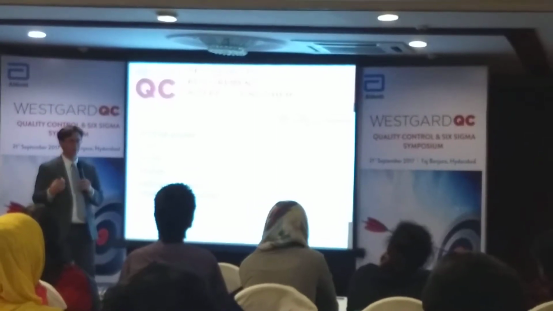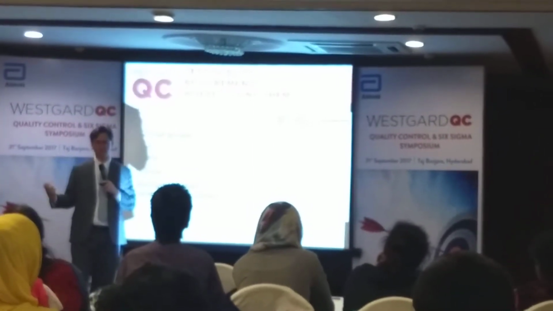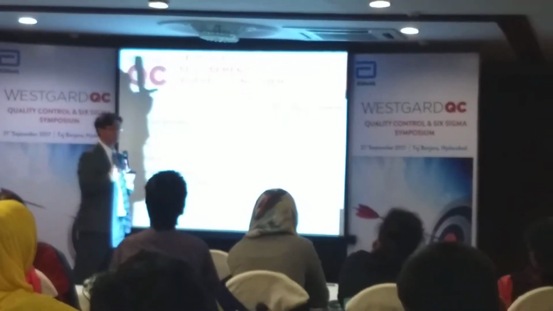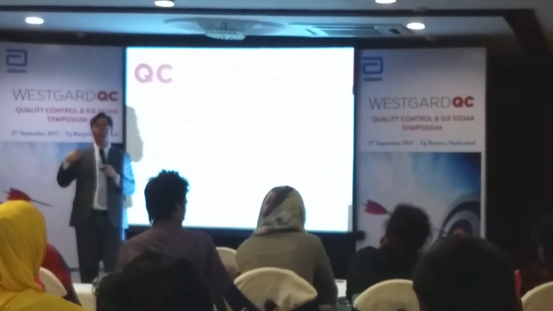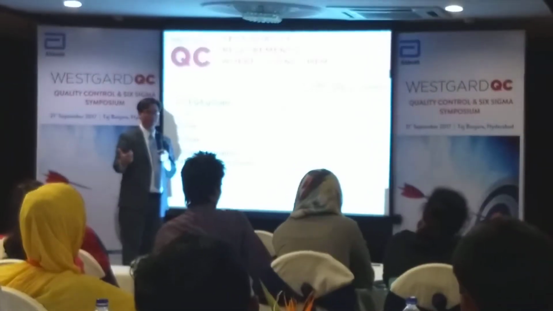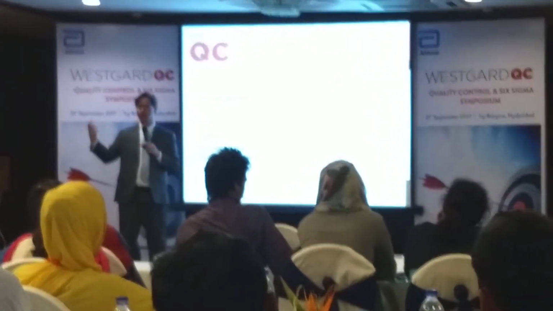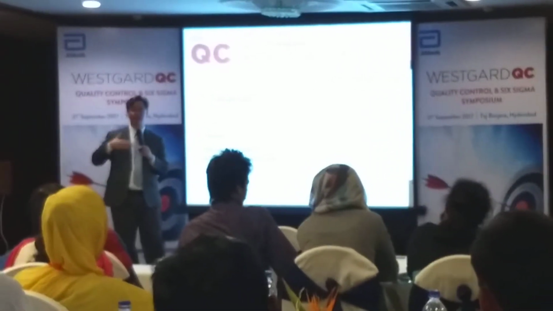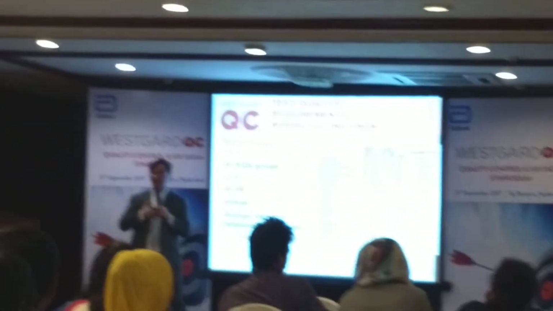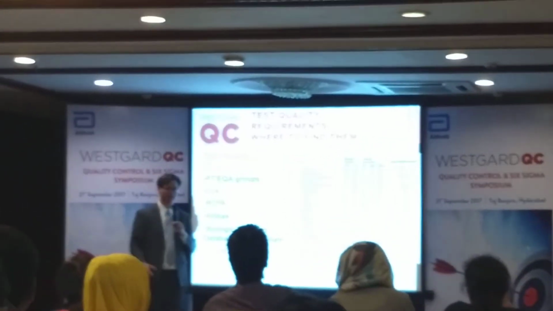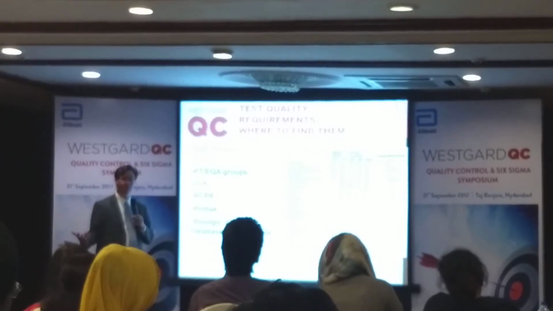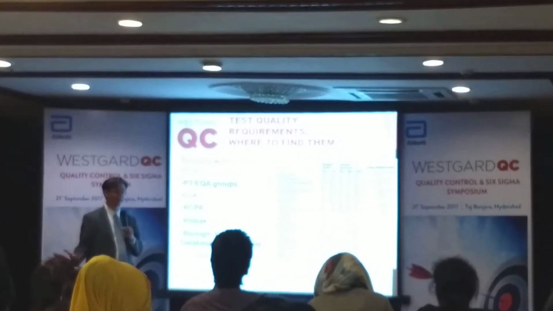For us in laboratories, we don't talk about tolerance specifications. Instead, what we talk about is allowable total errors. When you exceed the allowable total error, that's when you generate a test result that is significantly, clinically different than what's really happening with the patient. It's the false positive, it's the false negative. So when you exceed the allowable total error, that's when you're going to be generating those defects.